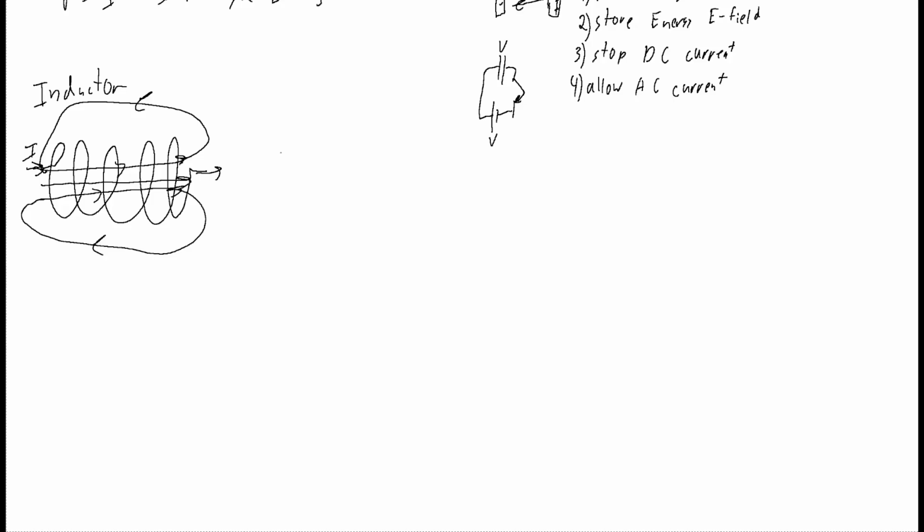And so what these guys are good for, let's see here, where are all my equations? The voltage on an inductor is negative L, change in current over change in time.